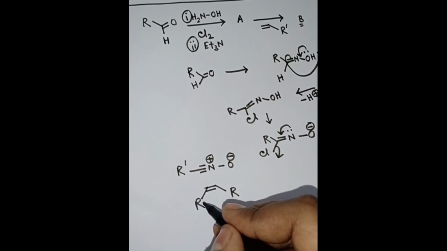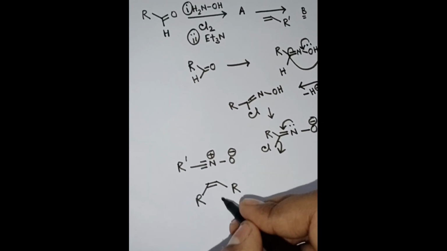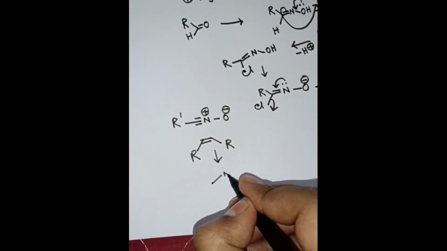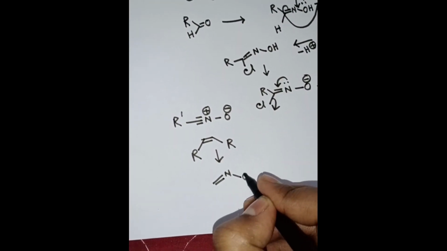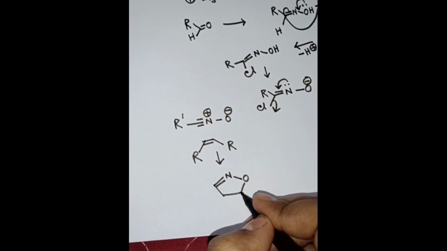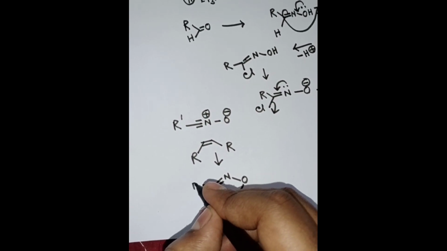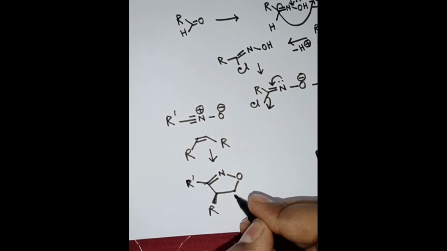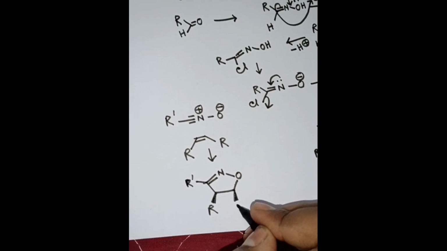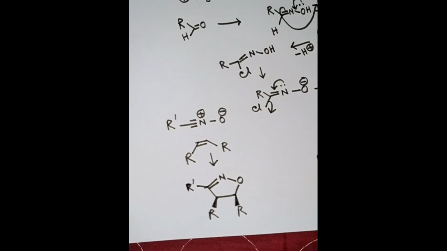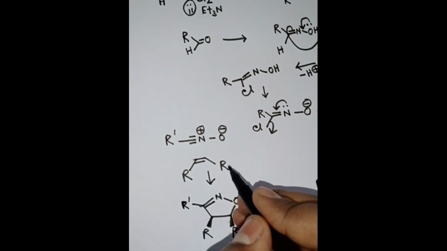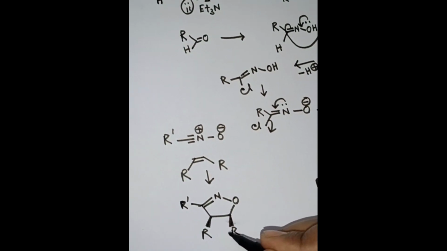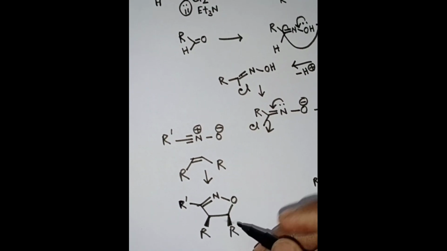The substituents are cis to each other. So that time the product that we will get will be cis to each other. So remember this, when the substituents are cis in the reactant, in the product also they will be in cis position.